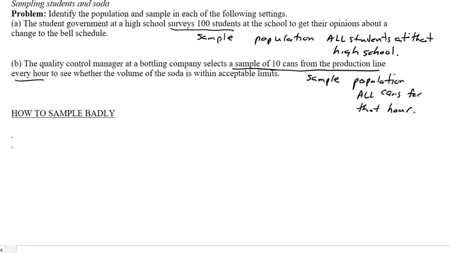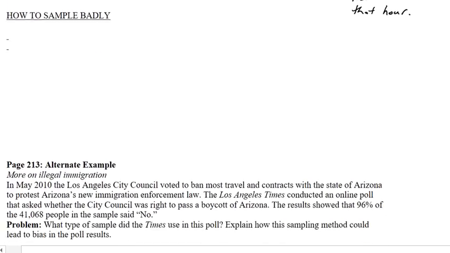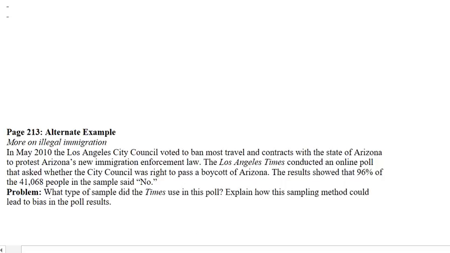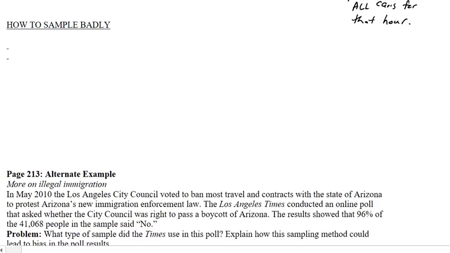All right, let's look at how we sample badly. How do we sample badly? Well, there's a couple ways we can do it. Okay, and you've seen a lot of them, especially if you're taking online surveys or online polls. You are being sampled badly with what's called a voluntary response sample.